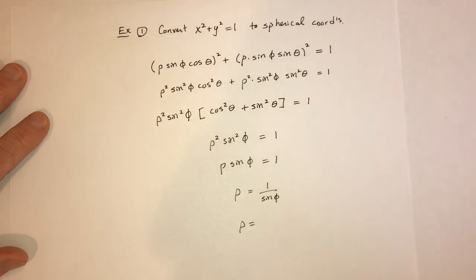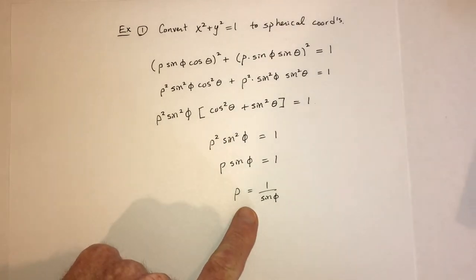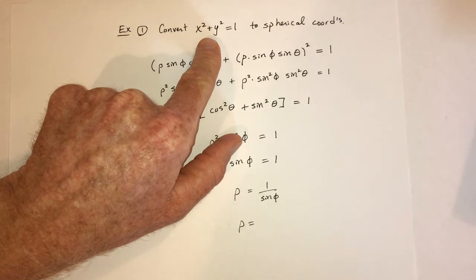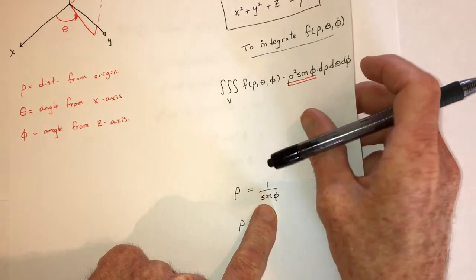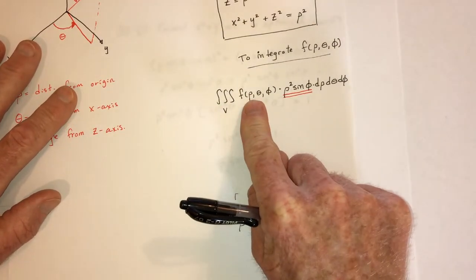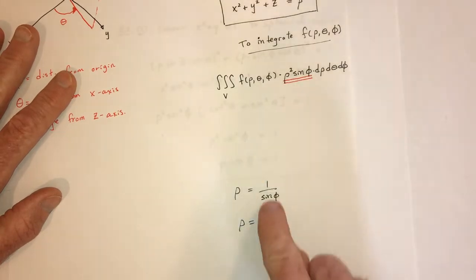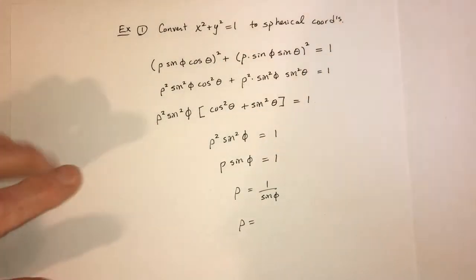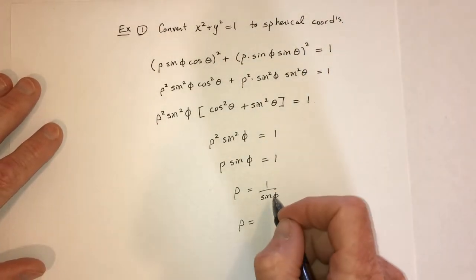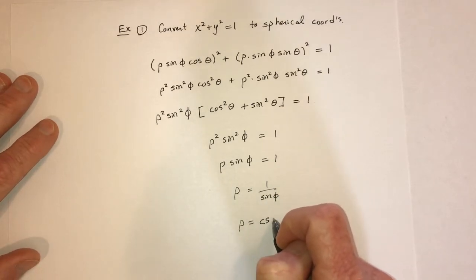Actually, I was going to put cosecant, and I think I will at the end, but I would stop right there, because if this is the function that you're supposed to integrate, instead of integrating this function, we're going to be integrating this function, and then you would multiply it with the extra rho squared sine phi, and then that sine and this sine would cancel. So even though it looks like it was a mess, it actually turns out that it will really help simplify. Or you could just say 1 over sine phi is equal to cosecant phi.